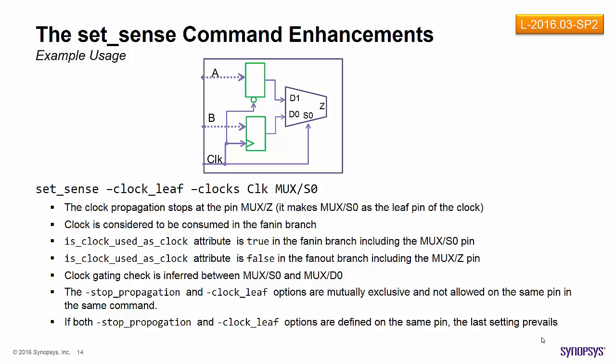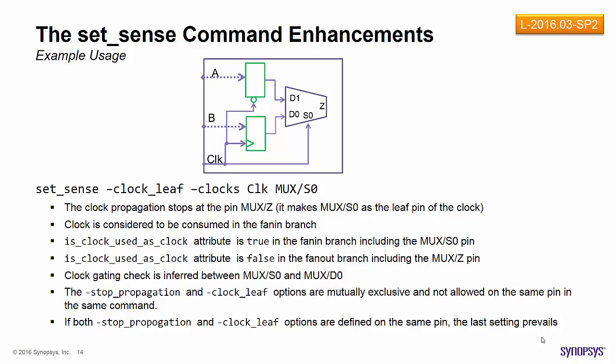The clock_used_as_clock attribute is true in the fan-in branch, including the MARKS/S0 pin. The clock_used_as_clock attribute is false in the fan-out branch, including the MARKS/G pin. Clock gating check is inferred between MARKS/S0 and MARKS/D0.